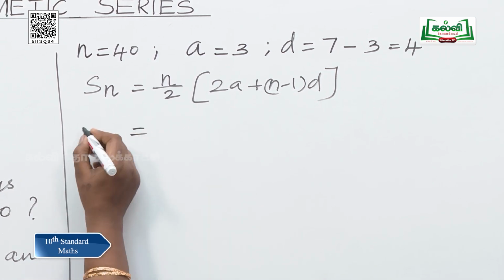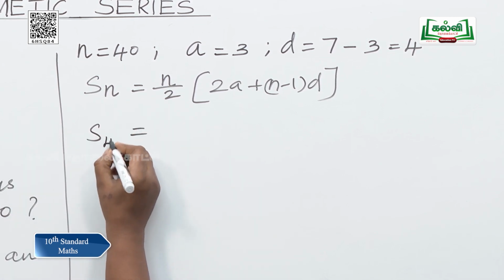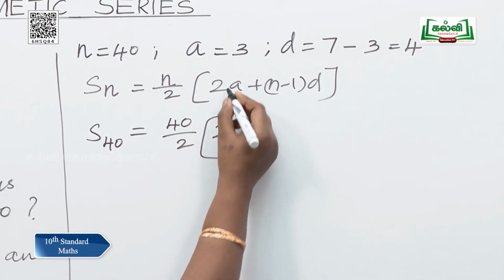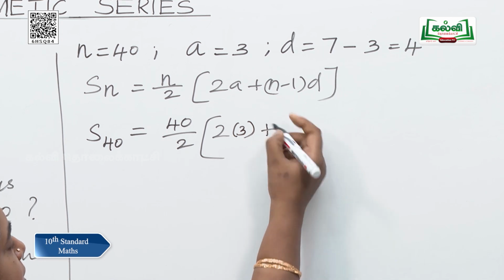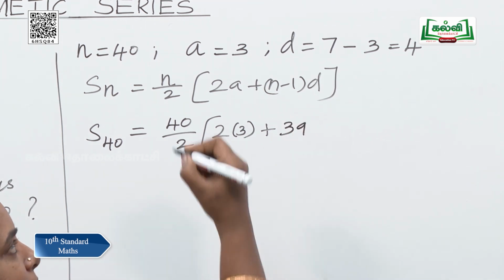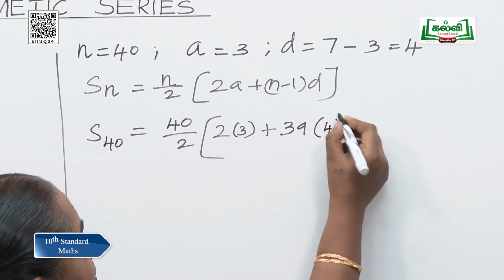So, now we need the sum of 40 terms. So, n here is 40. So, 40 by 2 into (2a, 2 into a is 3) plus (n minus 1). What is n minus 1? n is 40, so n minus 1 is 39. Directly you can write 39 into d. The difference is 4. So, multiply.